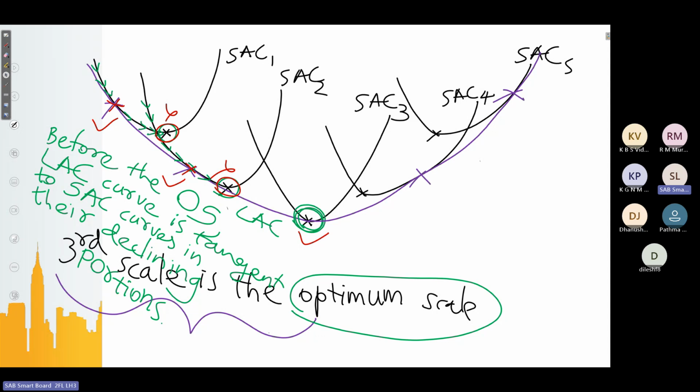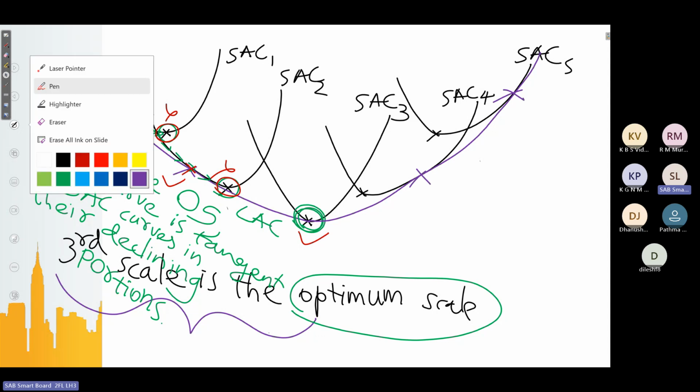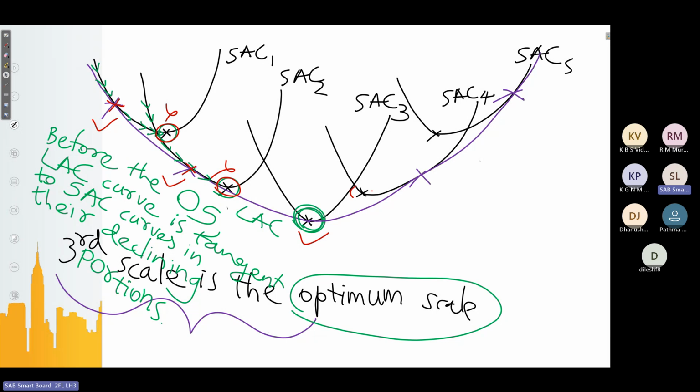Not at the minimum points. The long run average cost curve is tangent to the short run average cost curves in their increasing portions.